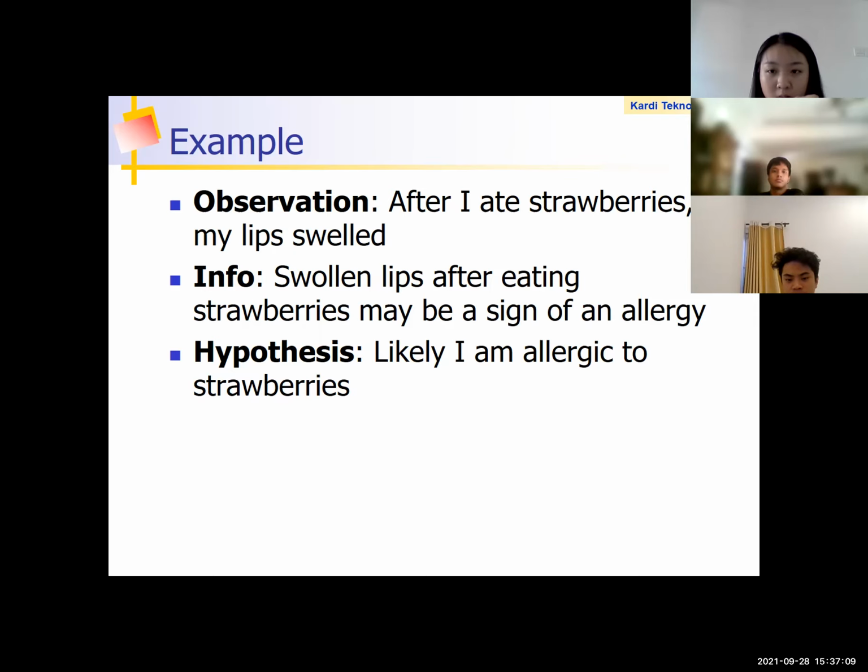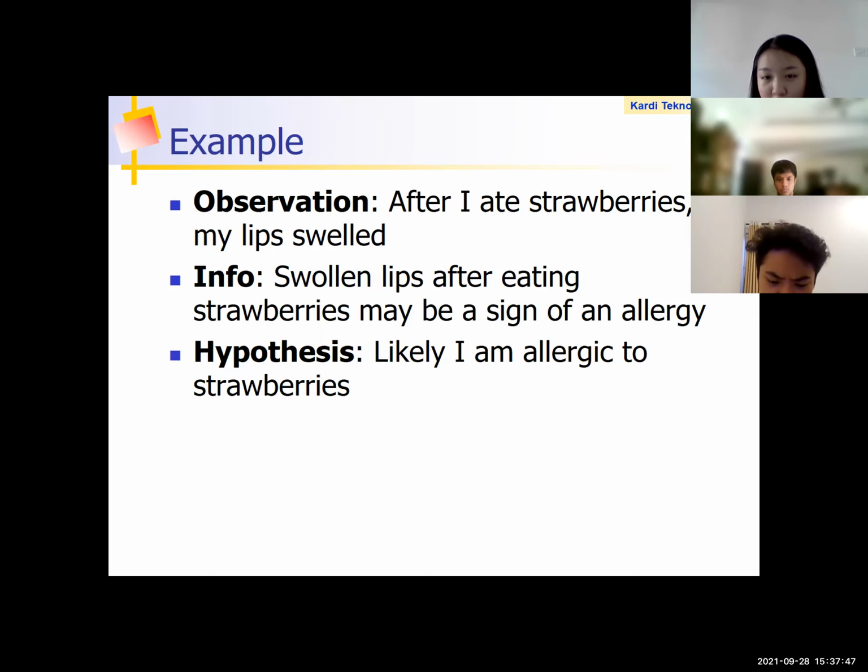If you remove the likely, then it has become deductive already. What's the difference between inductive and deductive? In inductive, there is a certain probability. In deductive, the probability is 1. So that's the difference between deductive and inductive.